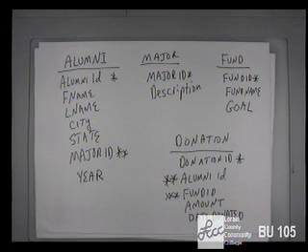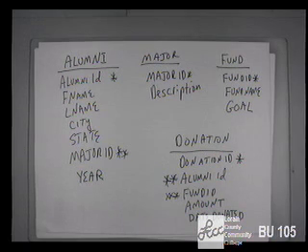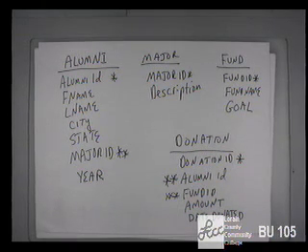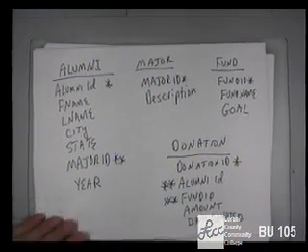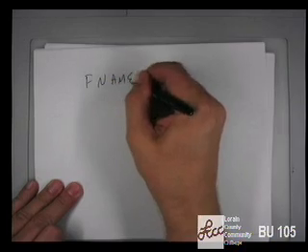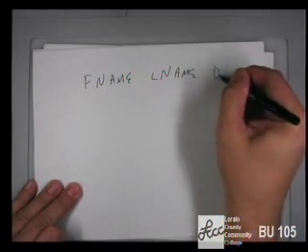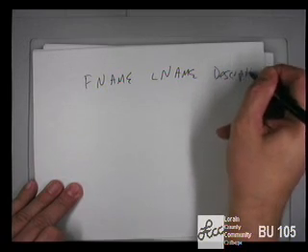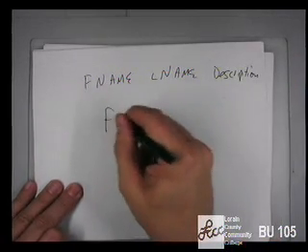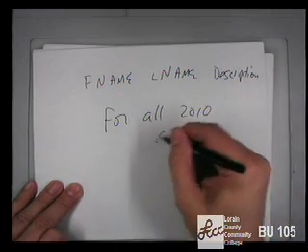I want it sorted by major, then last name, then first name. So let me write this down. I want to see the first name and last name and description of major for all 2010 graduates.